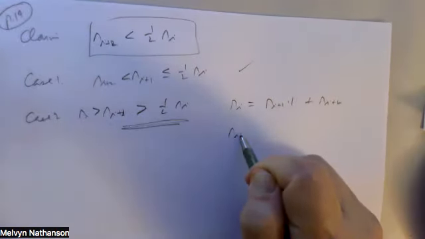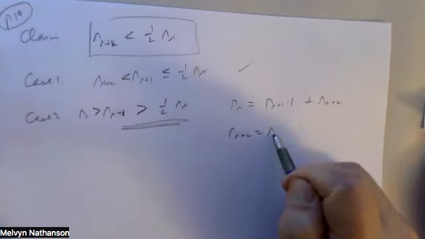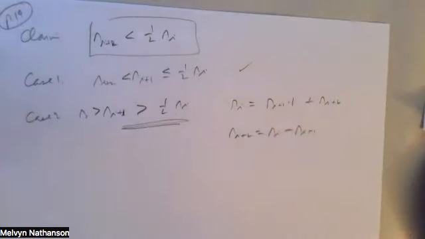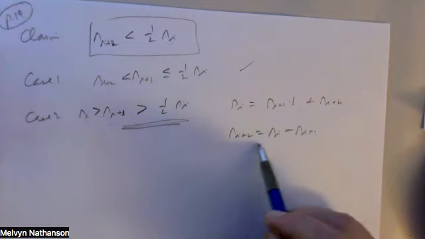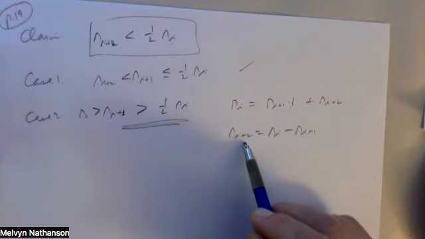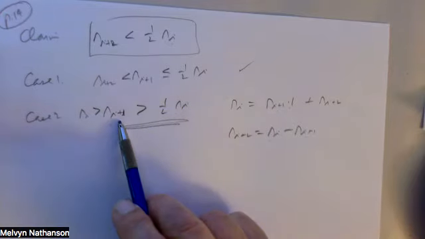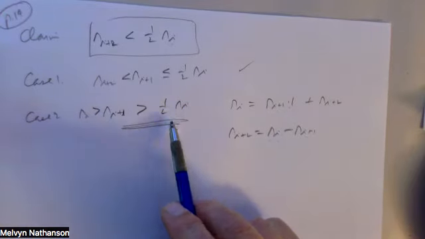So R_{i+2} is R_i minus R_{i+1}. But R_{i+1} is bigger than a half R_i.